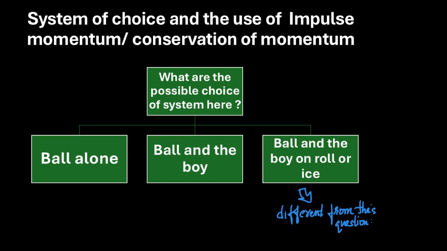So, the system of choice and the use of the impulse momentum or conservation of momentum theorem. You can choose either the ball alone, or the ball and the boy, or the ball and the boy on a roll or an ice. Now, this is not related to the question here, but it is related to a previous year question and is therefore a potential possibility for a future question, so we'll discuss this as well.